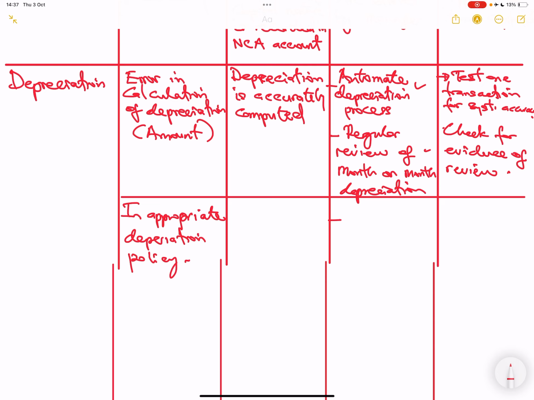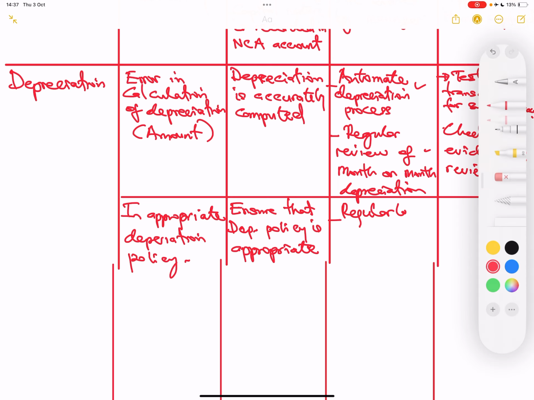And our objective is to ensure that depreciation policy is appropriate. And how do we set up a control that will achieve that? We need to regularly review our depreciation policy in line with the industry.